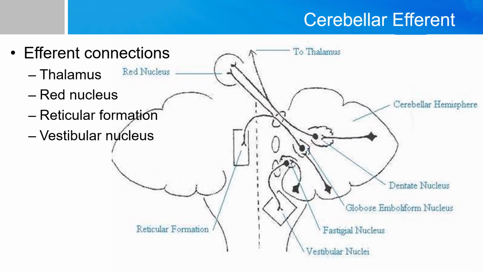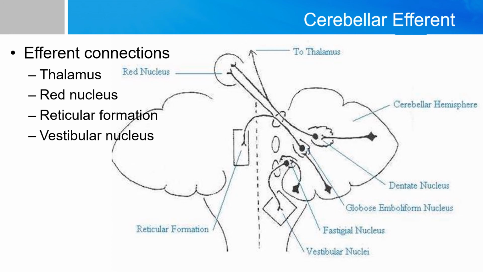So the cerebellar cortex will send outputs via the Purkinje cells, which are the only output cell type in the cerebellum. And these Purkinje cells use inhibitory GABA neurotransmitters, and so the outputs are therefore always tonically inhibitory. And these signals will travel to deep cerebellar nuclei and provide a tonic inhibition.